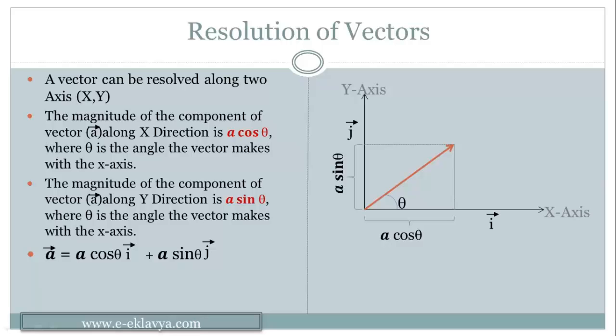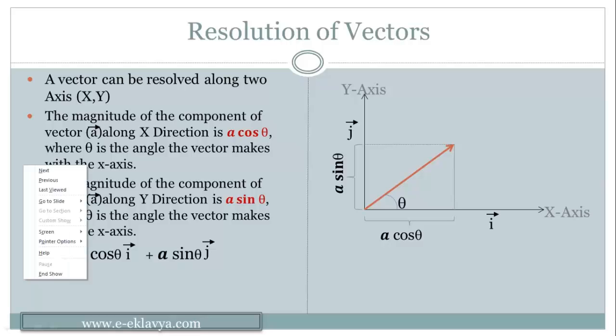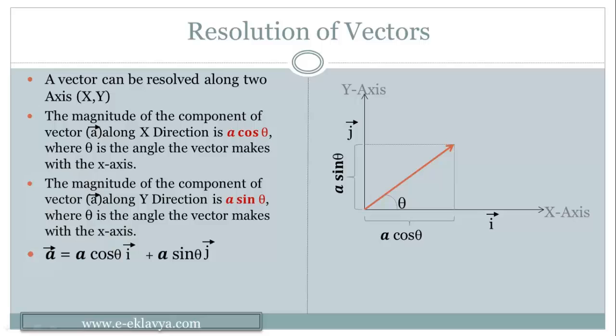Okay, now here what we're trying to do is break this vector into two components. Why would you want to break a vector into two components?